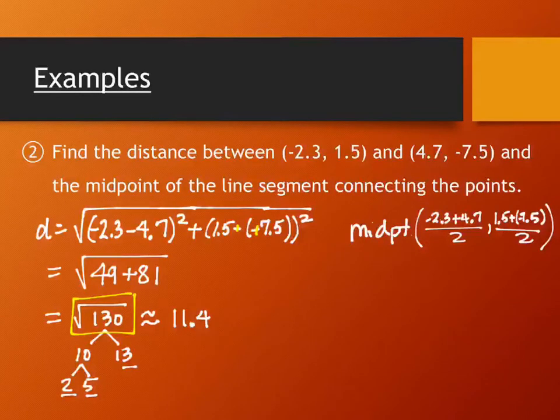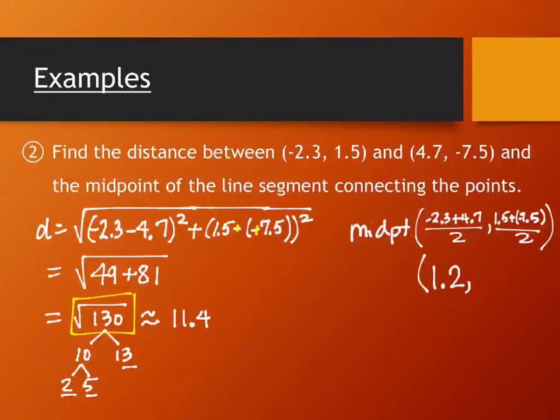So negative 2.3 plus 4.7, what is that? Just the addition on top, what do I get? 2.4. And what is 2.4 divided by 2? 1.2, right. So the x coordinate here is 1.2.